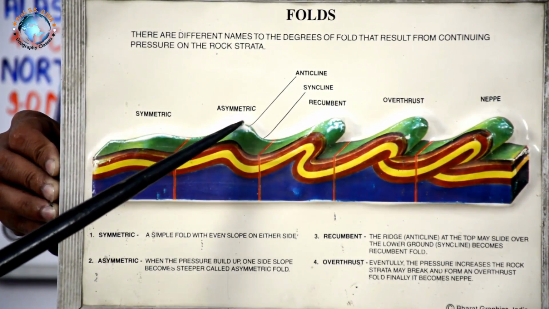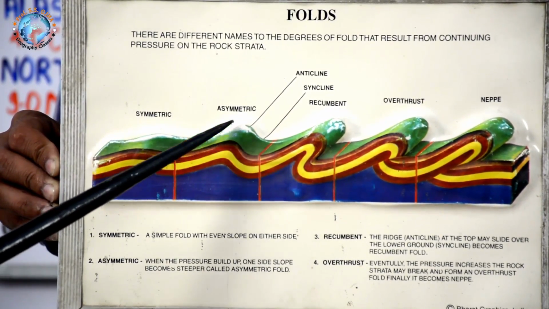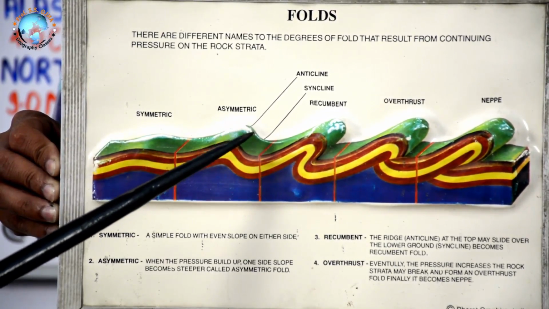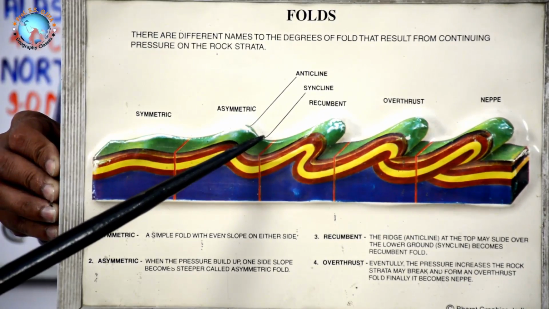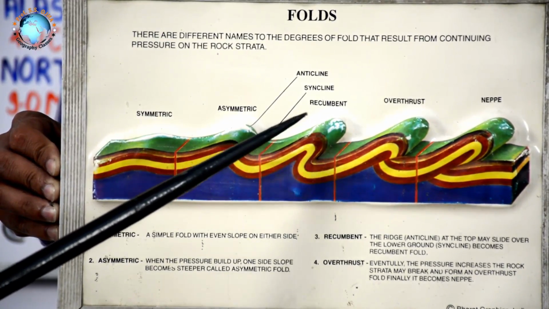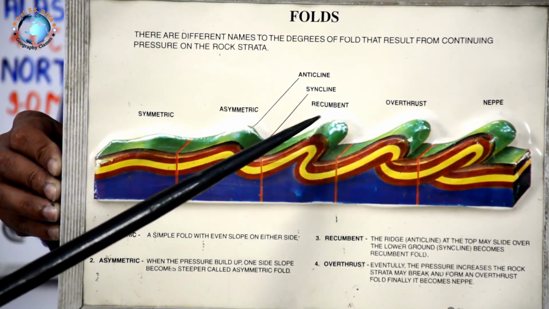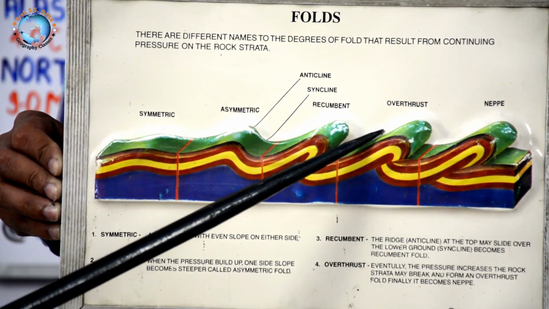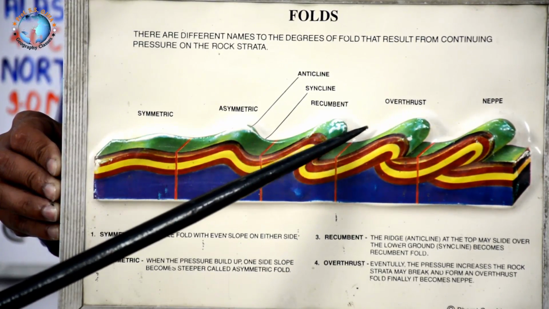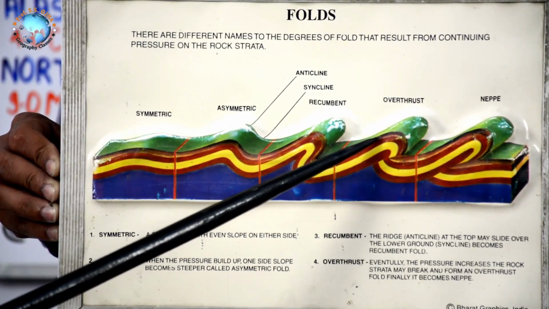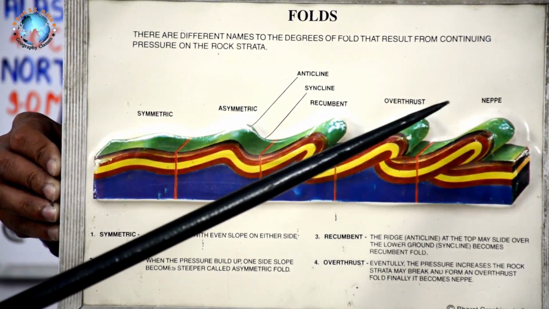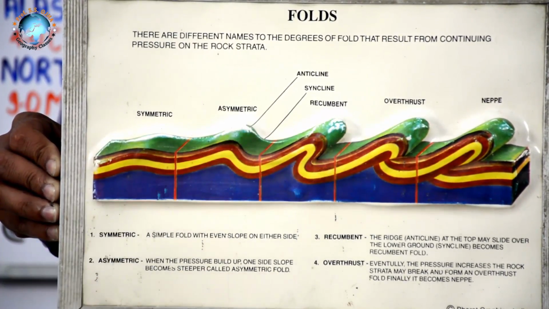While these are the asymmetrical slopes, asymmetrical folds having different types of slopes because of differential forces. And in this way this is a recumbent fold, and here this is overthrust, and due to overthrust it causes severe force from one side, and this broken part is called nappe.